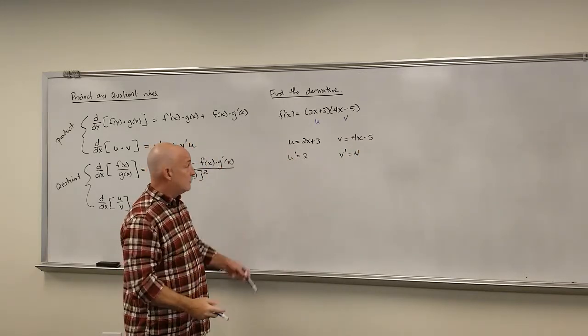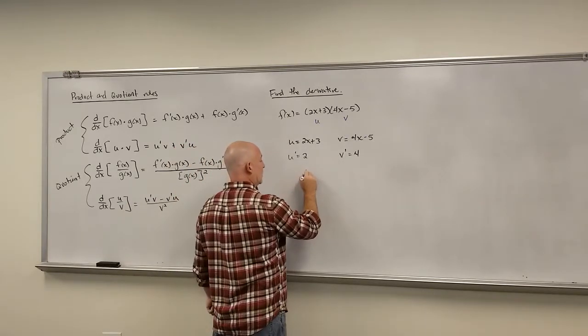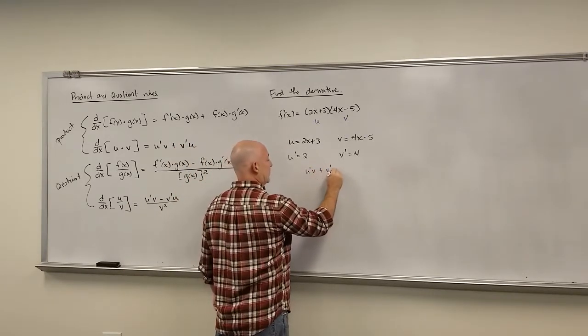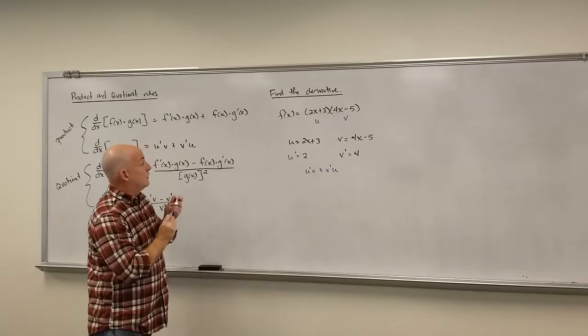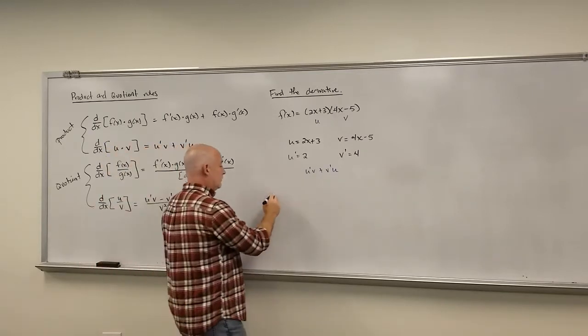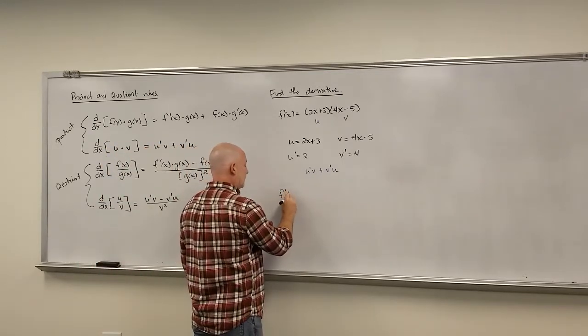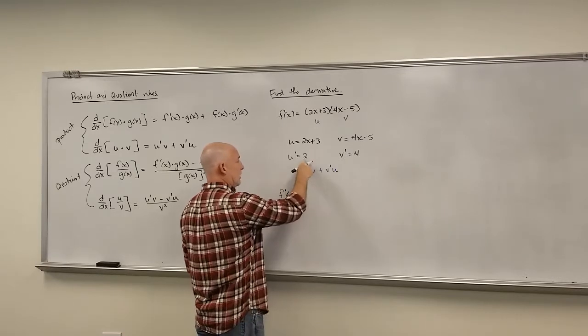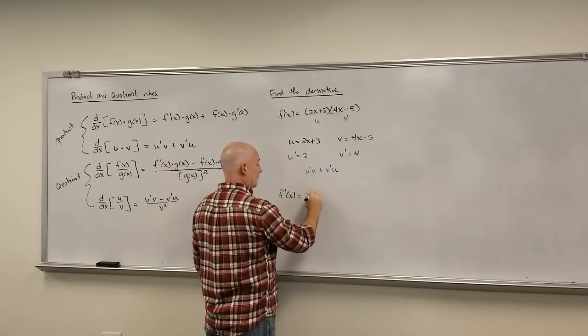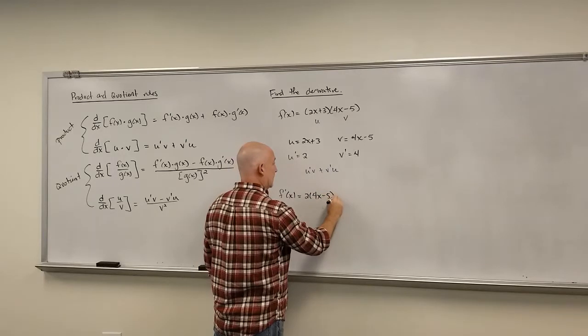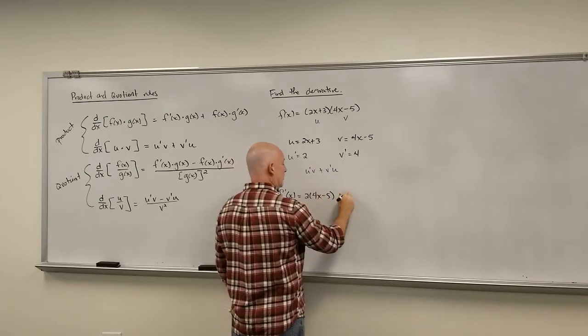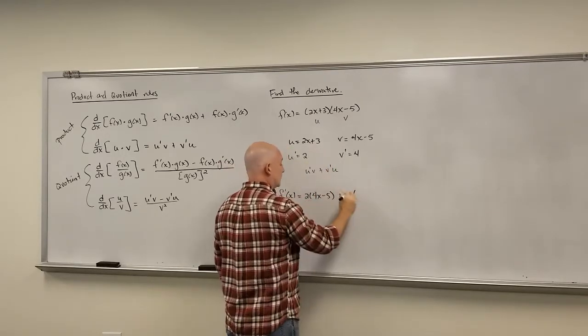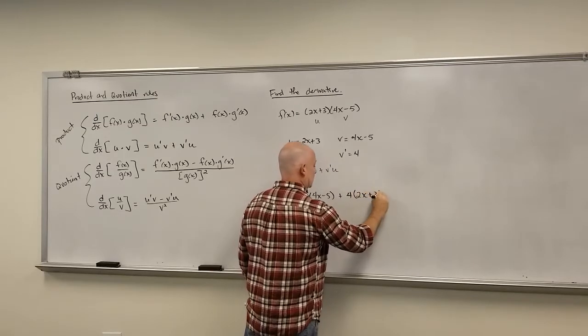Now all we're doing is plugging into our rule. u prime v plus v prime u. Say it 100 times before you go to bed tonight. So the derivative, f prime of x, of the original function, is going to be u prime, 2, times 4x minus 5, plus v prime is 4 times 2x plus 3.